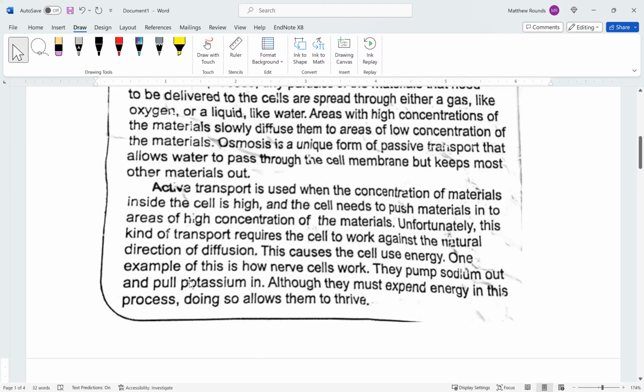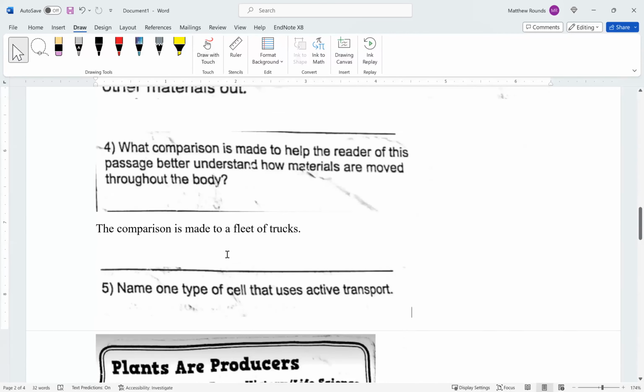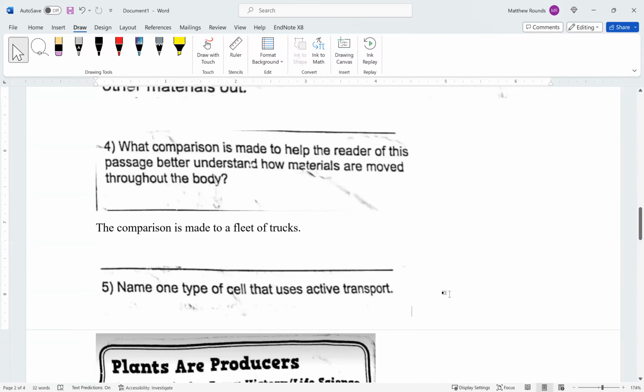One example of this is, could you read that for us, please? One example of this is how nerve cells work. Okay. Name one type of cell that uses active transport.